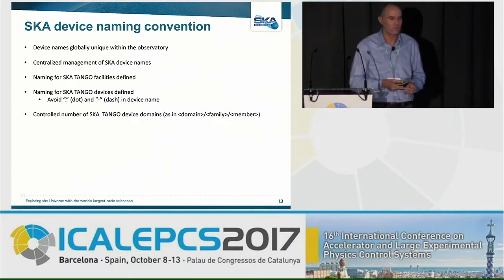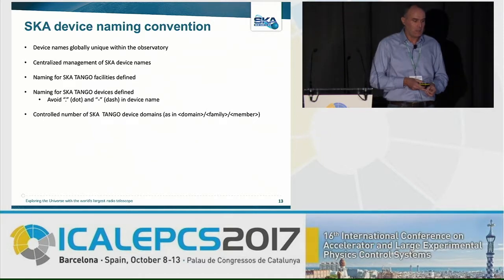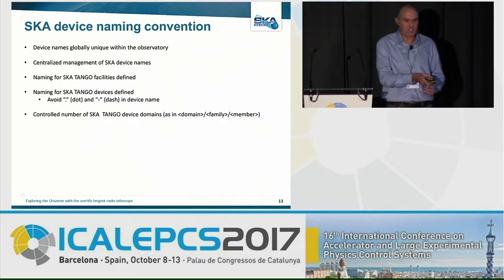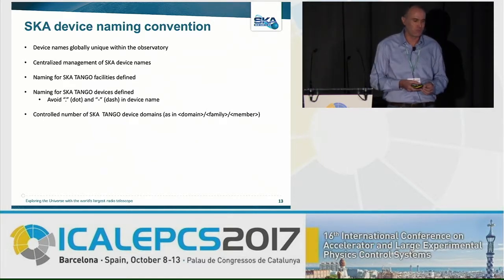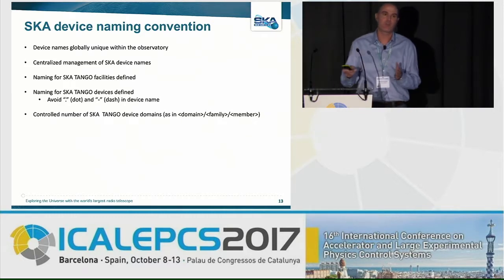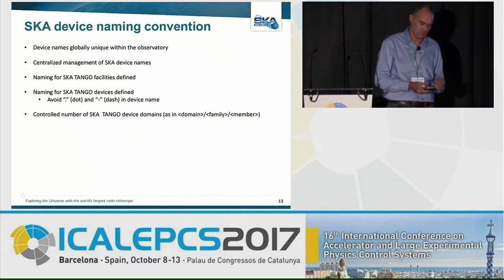We went through a few slides ago. But also, there are some suggestions about how to write the names of the Tango devices, and a finite, controlled number of domains, as in domain, family, member. I mean, the triplets specifying Tango devices will be available.